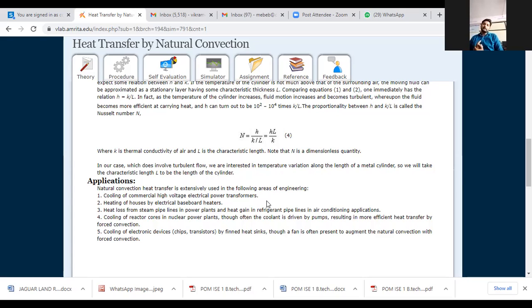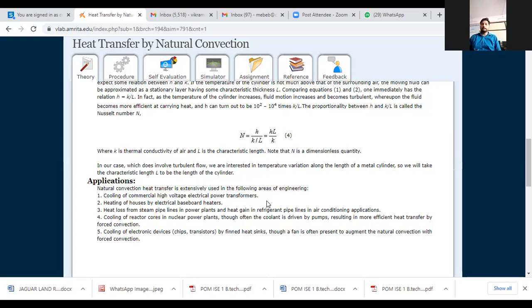So whatever heat transfer is happening from the transformer to the external or surrounding air will be considered as convection heat transfer. Okay, so the simulation or designing of transformers will be based on the natural convection concept only.